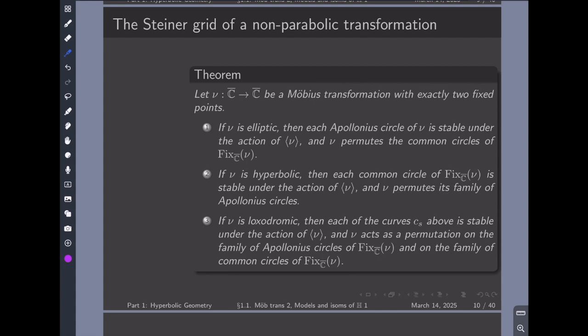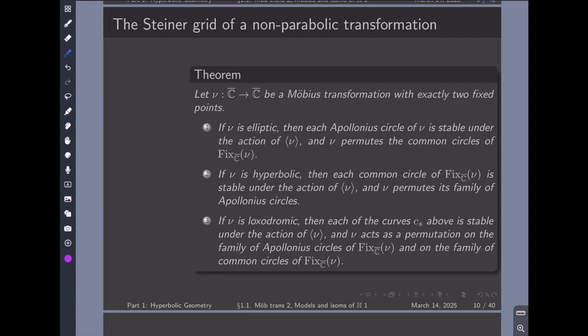So in the case of a hyperbolic transformation, the set of Apollonius circles is permuted by the action of the hyperbolic Möbius transformation, whereas each common circle is preserved.